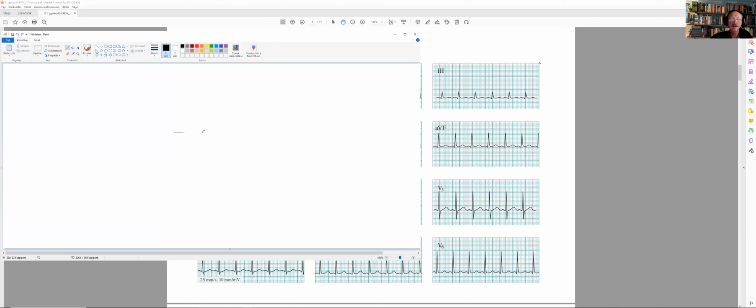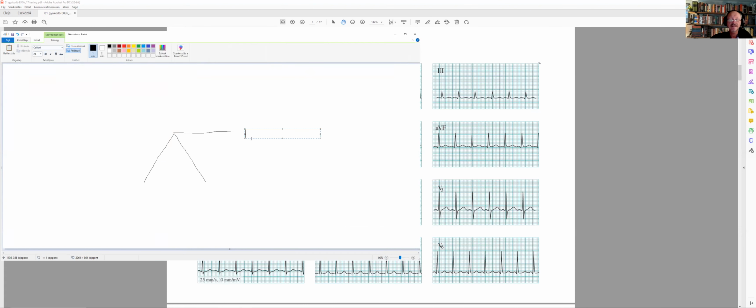So let's see. This is lead number 1, lead number 2, lead number 3. You know that the axis here is 0, the axis here is 60, and the axis here is 120. These are the regular leads.